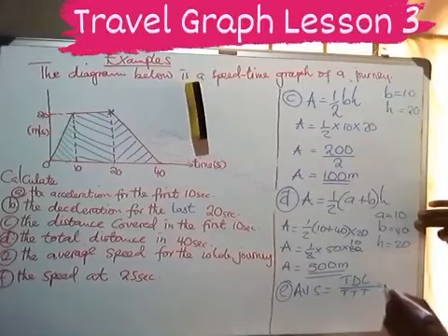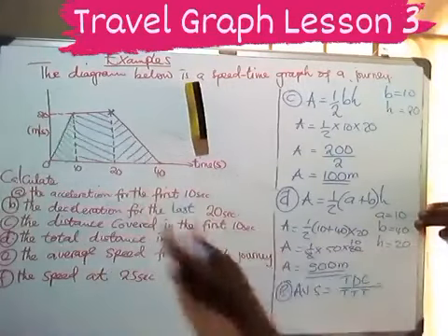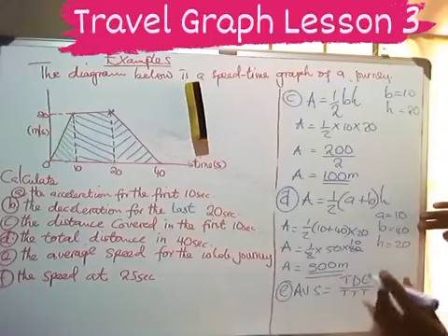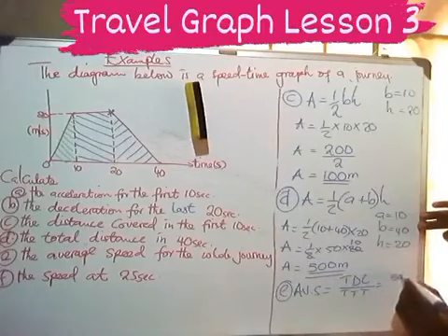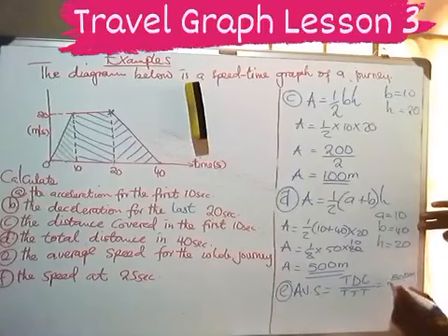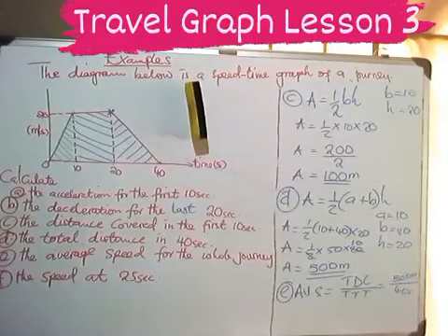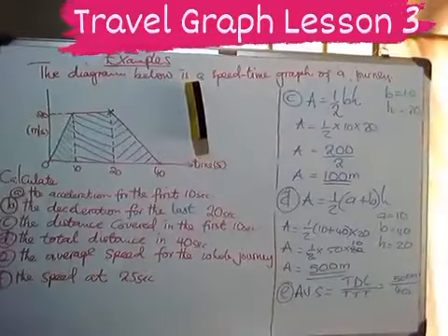Now, what is our total distance covered for the whole journey? It is what we just found under D, which is 500 meters. Then what is the total time taken? It is 40 seconds. Now, what is 500 divided by 40?